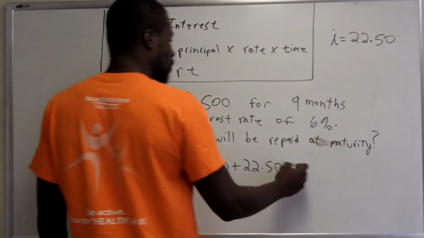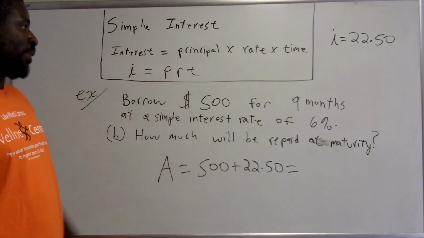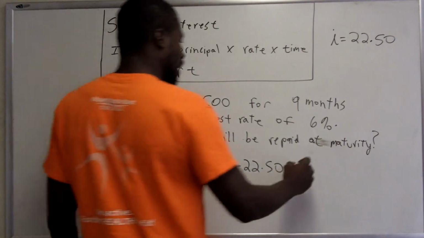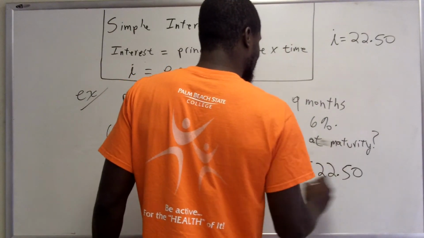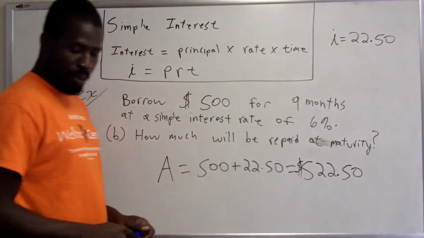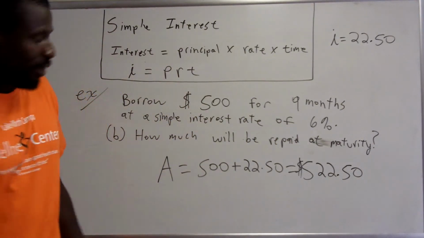So it turns out that at maturity, if you borrow $500 at 6% for 9 months, you'll be paying back $522.50. So that is the amount that you would have to repay. All right, let's take a look at another example.